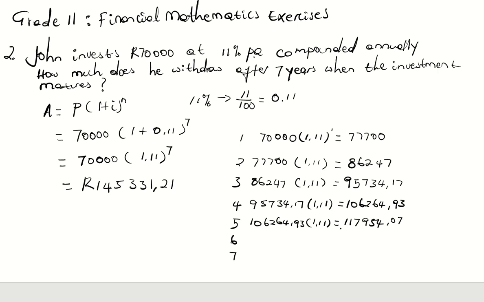And we get 117,154.07. Okay, going into the 6th year, he's got 100 and, okay, let's get that corrected. I didn't update the amount. Let's correct that.